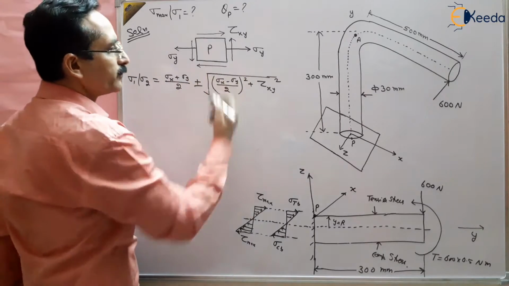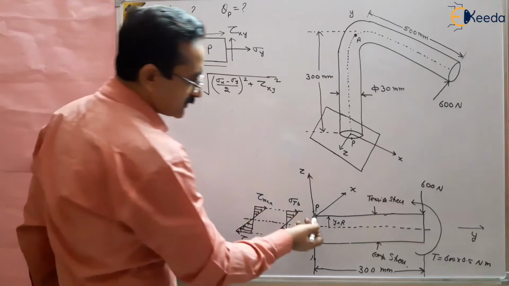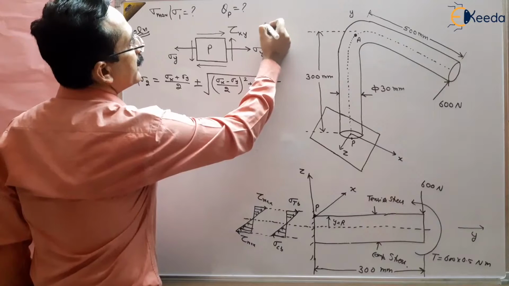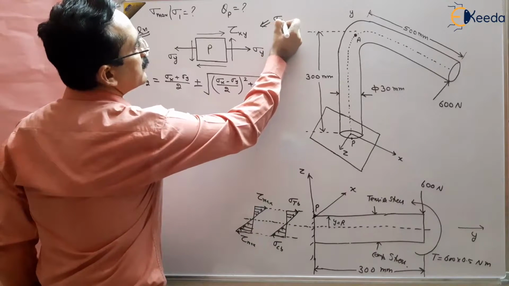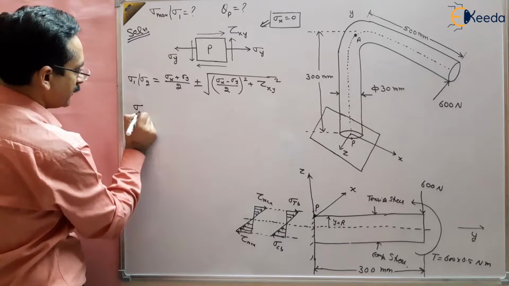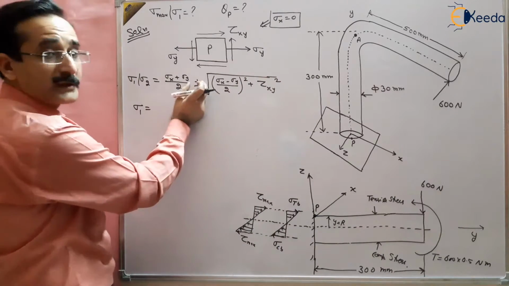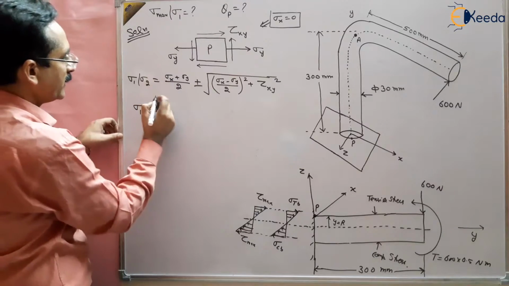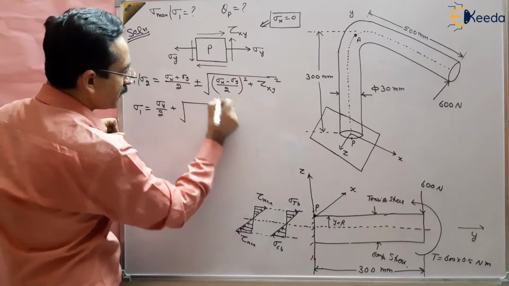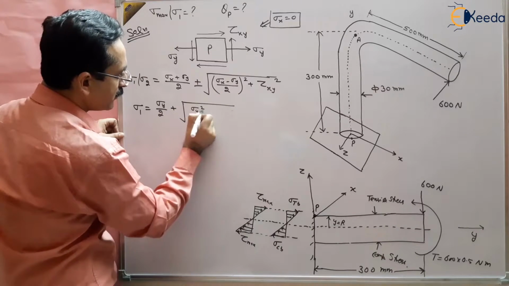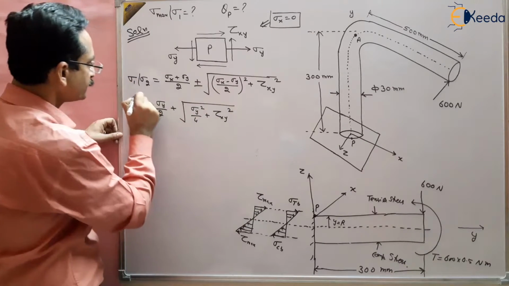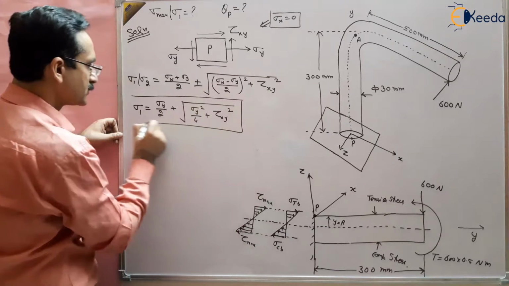Here sigma x is 0, because there is no stress in the x direction. So, since we have to find the maximum, we use the plus sign: sigma 1 equals sigma y by 2 plus the root of sigma y square by 4 plus tau xy square.